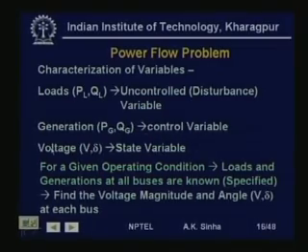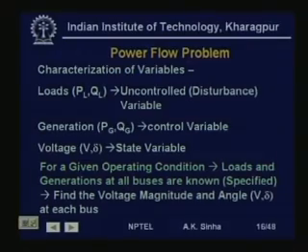Now, voltage magnitude and phasor angle V and delta at all buses are considered as state variables, because once we know the voltage magnitude and phasor angle delta at all the buses, then knowing the admittance of the transmission network, we can calculate the power flow, the power injections, and all the other variables. This is the minimal number of variables. If we know this, we can calculate all other variables. That is why we call these state variables. So, V and delta are basically our state variables.